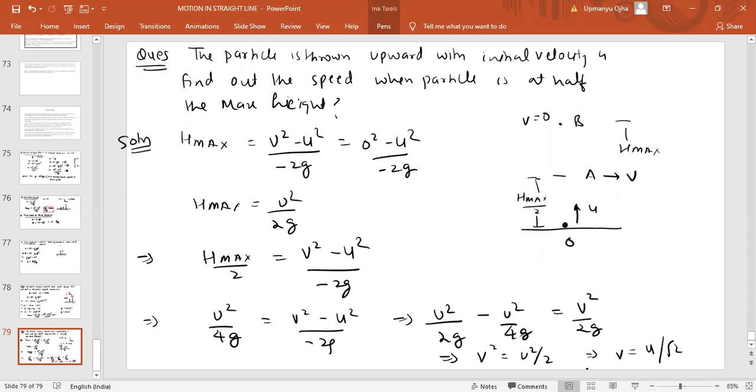The velocity at half of the maximum height will be u by root 2. I hope you understood this problem. So you just need to use the concept of equation of motion of gravity, then you'll get the answer properly.